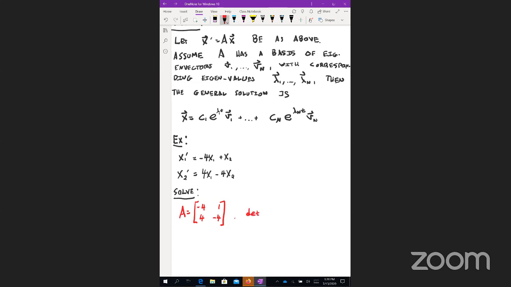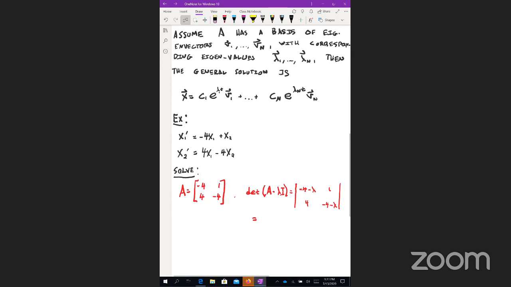The determinant of A minus lambda times the identity matrix. The determinant is sometimes denoted by just line brackets. So this is minus 4 minus lambda, 1, 4, minus 4 minus lambda. What are we going to get here?